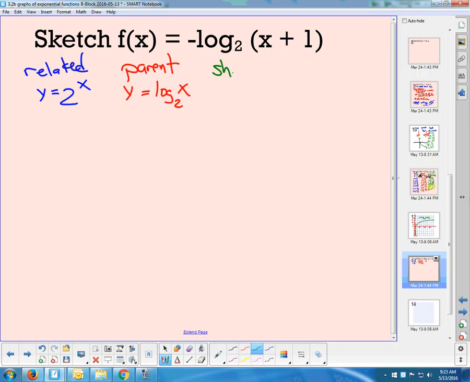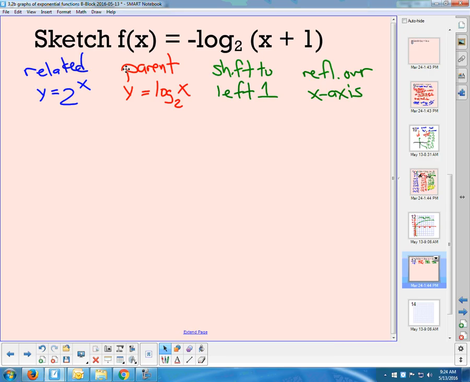So I should shift to the left 1 unit, and then I should reflect over the x-axis. So now I have identified all the important pieces of information that I'm going to need to work my way through as I calculate points that I want to plot.